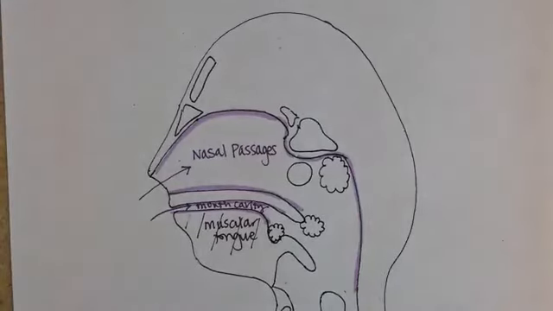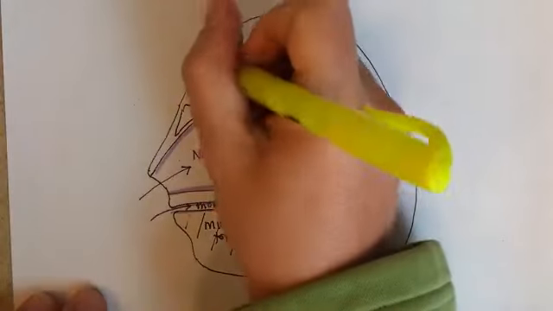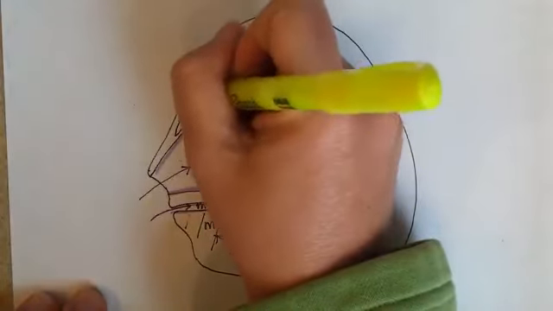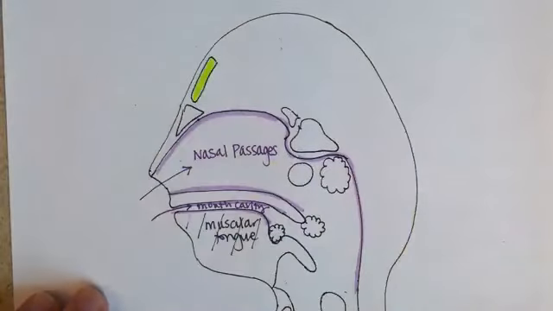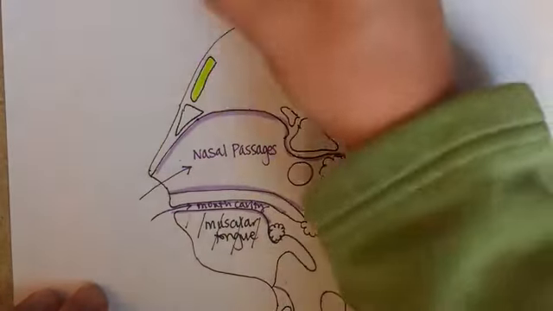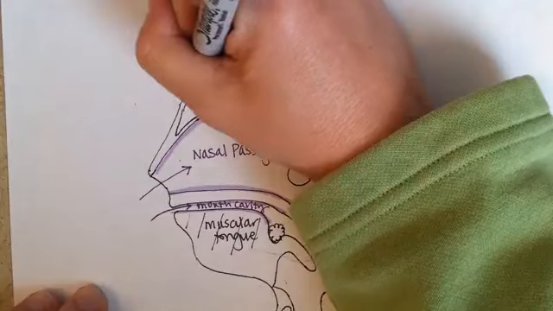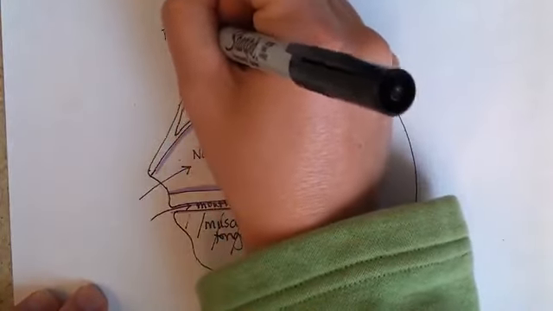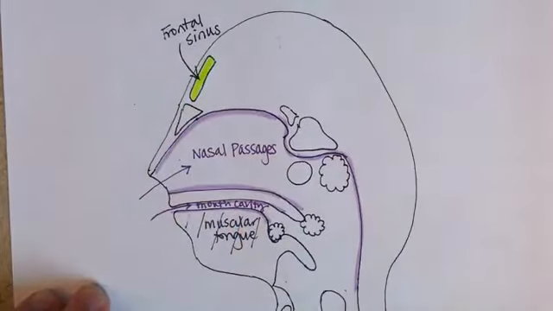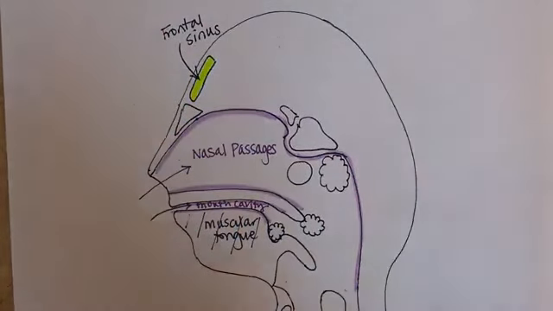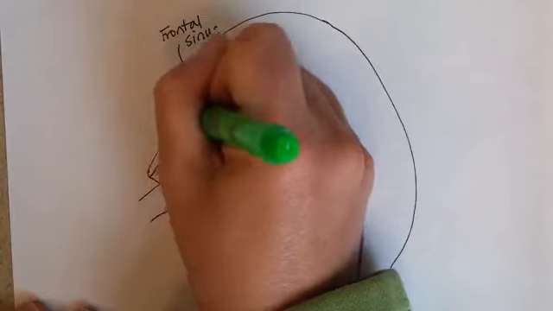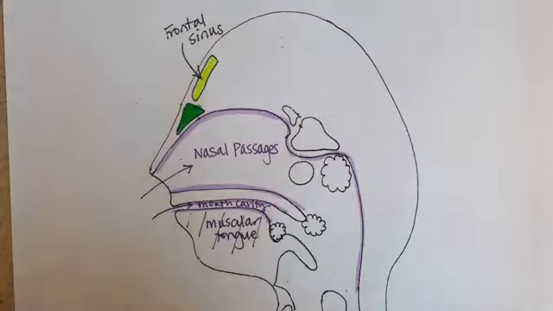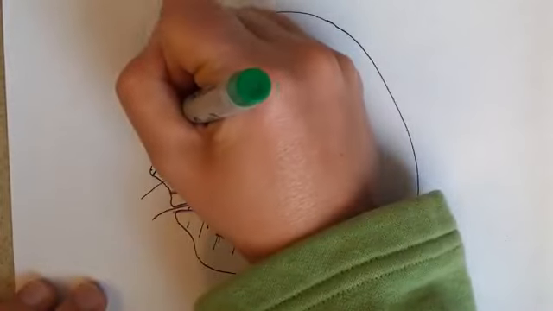So let's first look at the sinuses. Here's the frontal sinus. So this is a cavity within the frontal bone that helps to lighten the skull. And then here is what's called the ethmoid sinus, or at least one view of it. And these are cavities within the ethmoid bone.